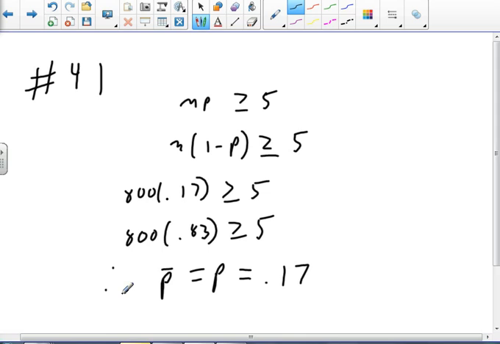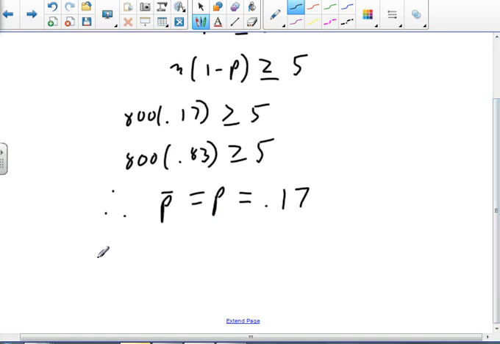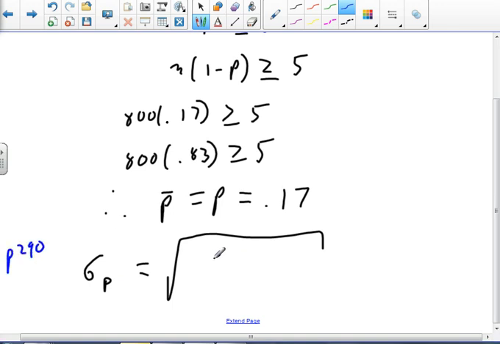What is the probability that the random sample proportion will be within plus or minus 0.02 of the population proportion? Okay, so we need to find sigma p, the square root of p(1 minus p) divided by 800, on page 290.